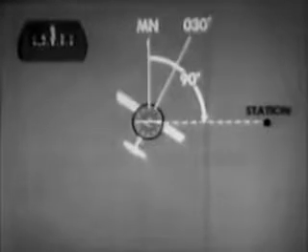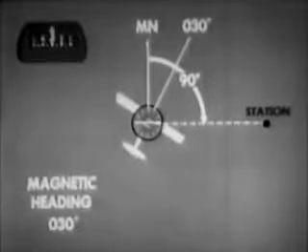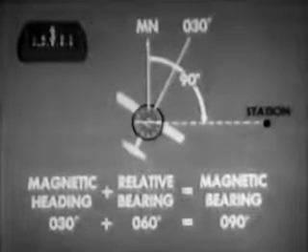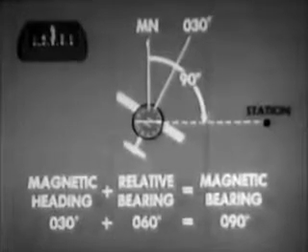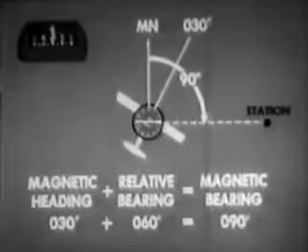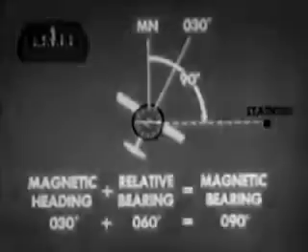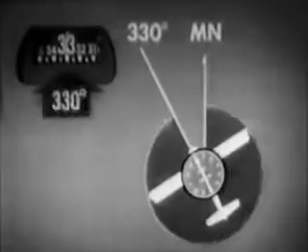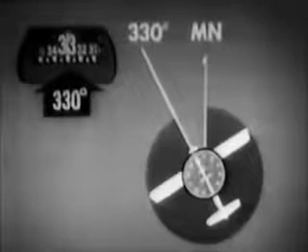What we have done here is to simply add the magnetic heading and the relative bearing to determine the magnetic bearing to the station. This method will always work, but in certain situations, a simpler method is used. For instance, suppose we are on a heading of 330 degrees.